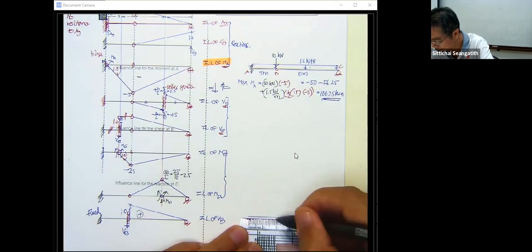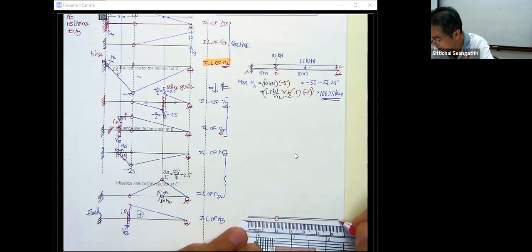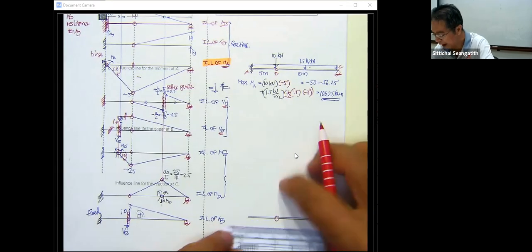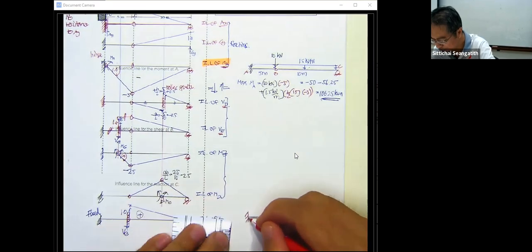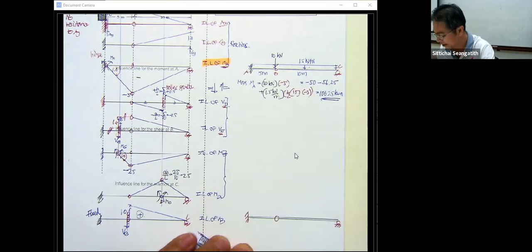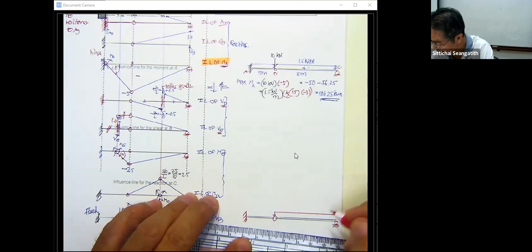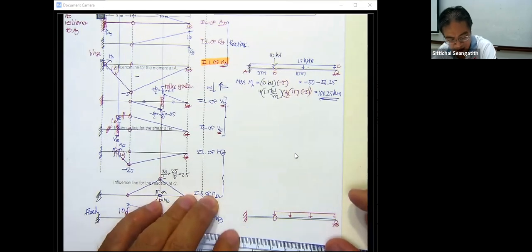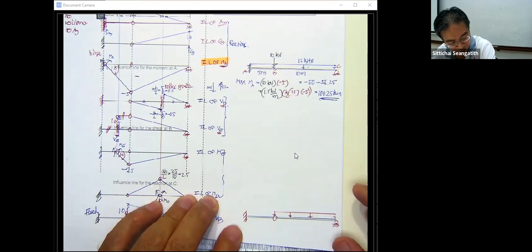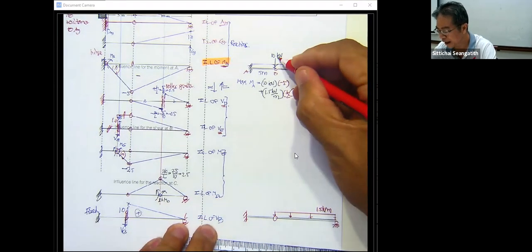So we have this one as the hinge, this one for the roller, and this one for the fixed end, and the live load now will span between B and C. So this one will have the load spanning in this region since it is the live load. So this is going to be 1.5 kilonewton per meter. How about the 10 kilonewton? The 10 kilonewton again is the point load.